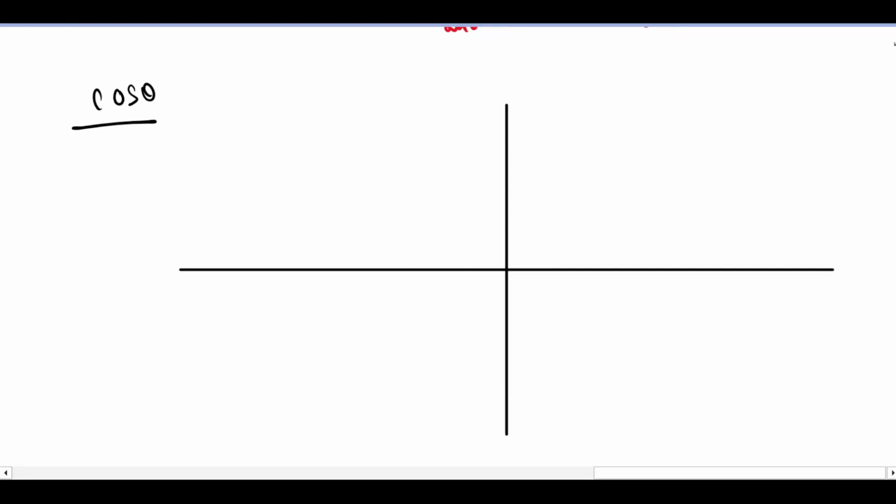So same, plot point 0 comma 1 and 0 comma -1 as the range.